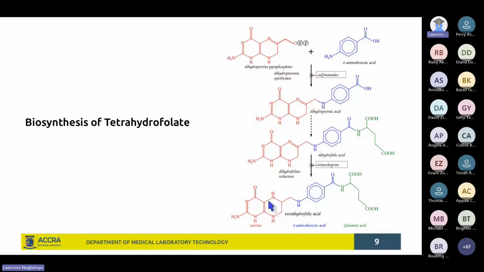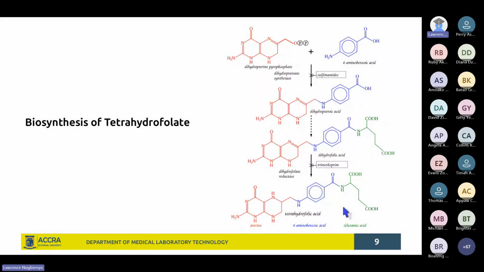All right. So this is a simplified reaction pathway for the synthesis of tetrahydrofolate, or folic acid, which consists of these major components: the pterin nucleus, the aminobenzoic acid, and glutamic acid.